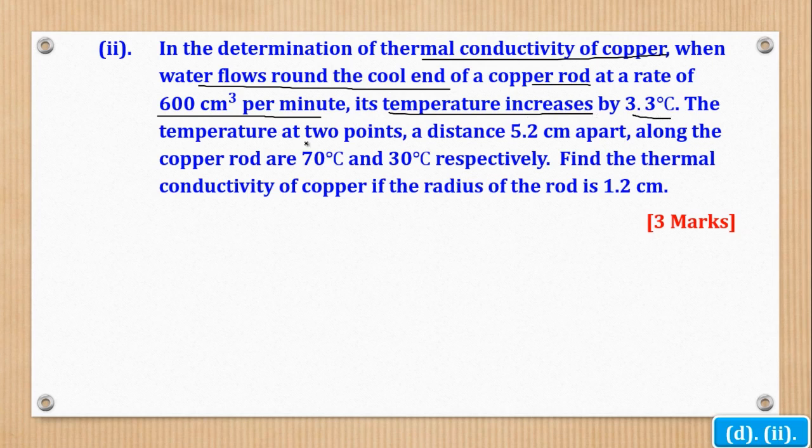The temperature at 2 points, at distance 5.2 centimeters apart, along the copper rod are 70 degrees Celsius and 30 degrees Celsius respectively. Find the thermal conductivity of copper if the radius of the rod is 1.2.